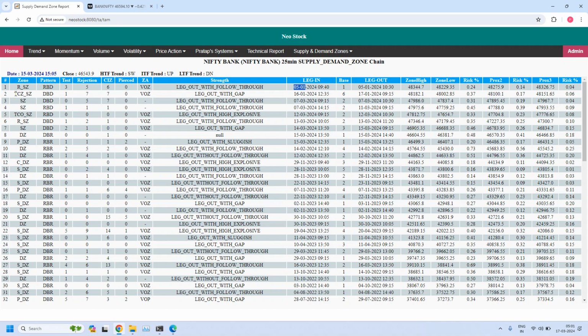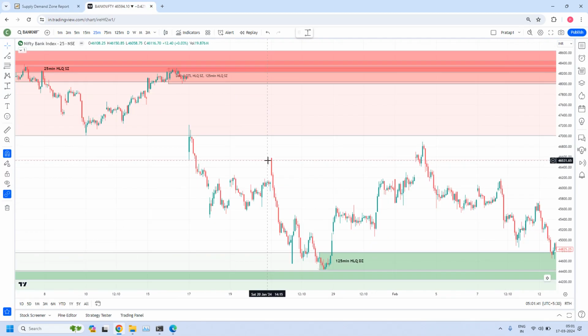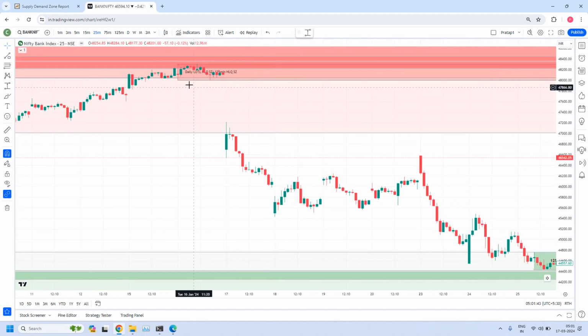Okay, next one is a low priority high liquidity zone, but it already gave 7 rejections. That made me get some interest in this. Let us see when it is created. This is on 16/1, 12:35. Is this the one? Yeah, this is the area.